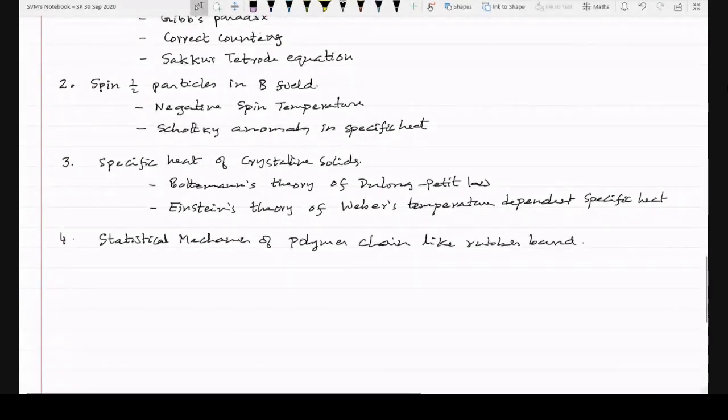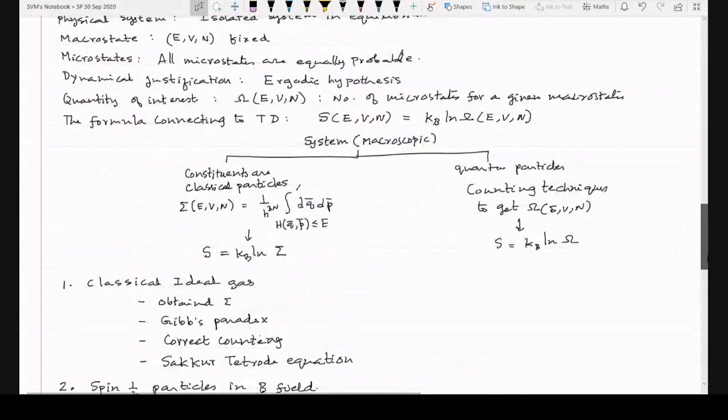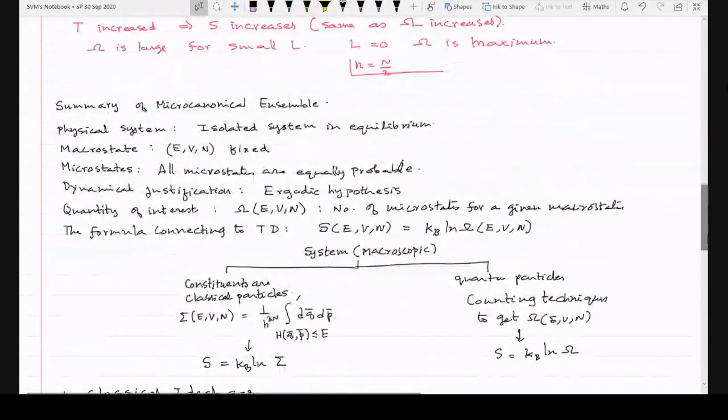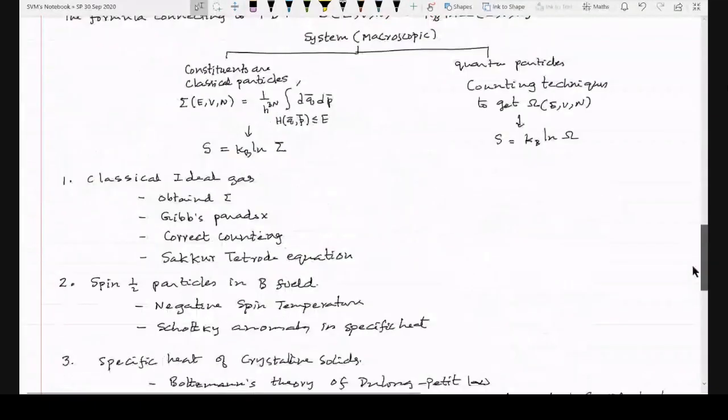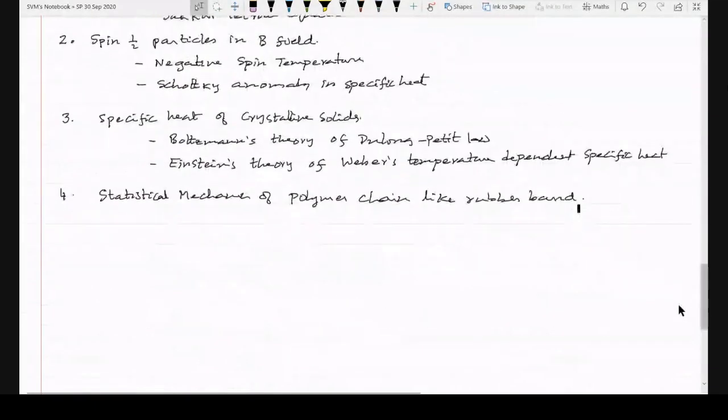So I hope I have covered all of them that we discussed in this chapter. And of course, I did not include in this summary what we did before coming to equilibrium statistical mechanics, the entire formulation. I have omitted that because this is only a summary of the microcanonical ensemble.